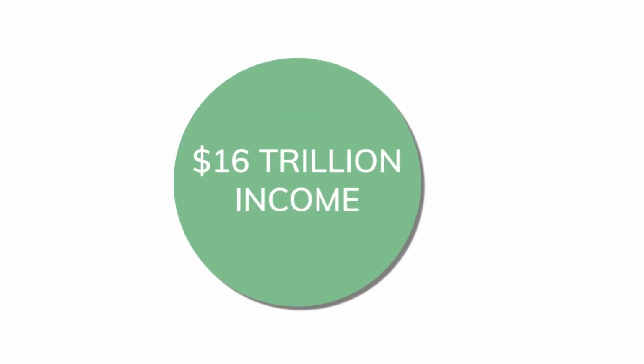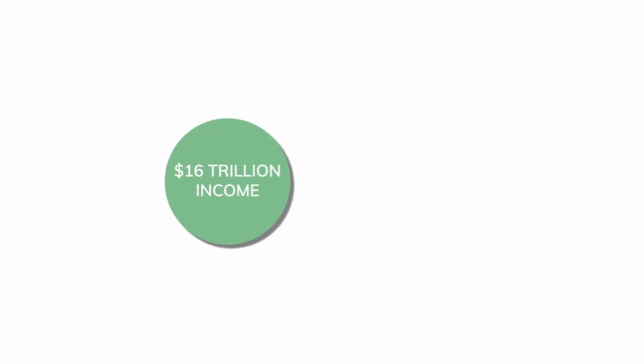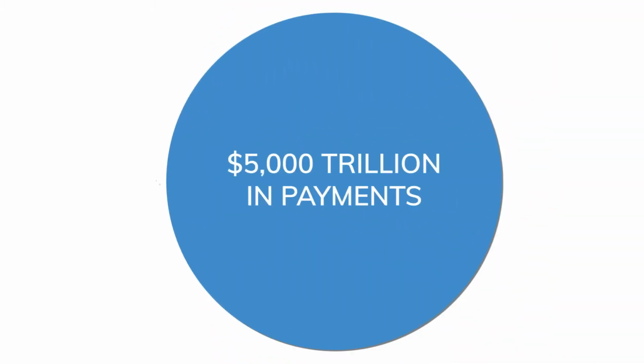In the meantime, if you look at the alternatives out there, the cheapest tax that you could ever have in an economy, the largest base, in other words, would be every single time money changed hands, every time there was a payment. And that figure comes out to be $5,000 trillion in 1 year. So compare 16 trillion in income to 5,000 trillion in payments, and you could see it's a lot different.